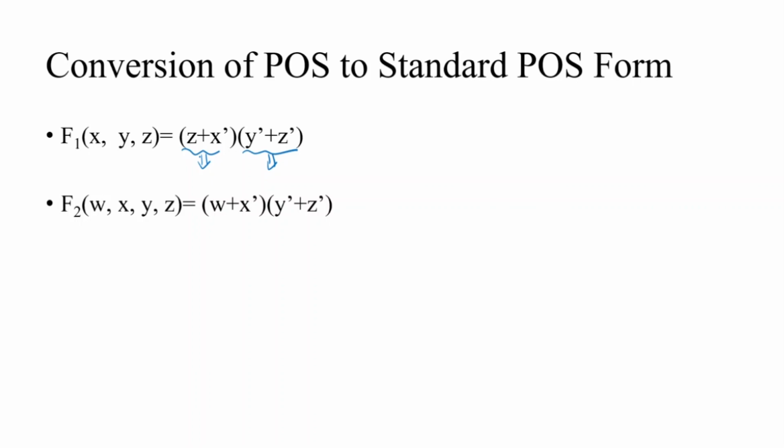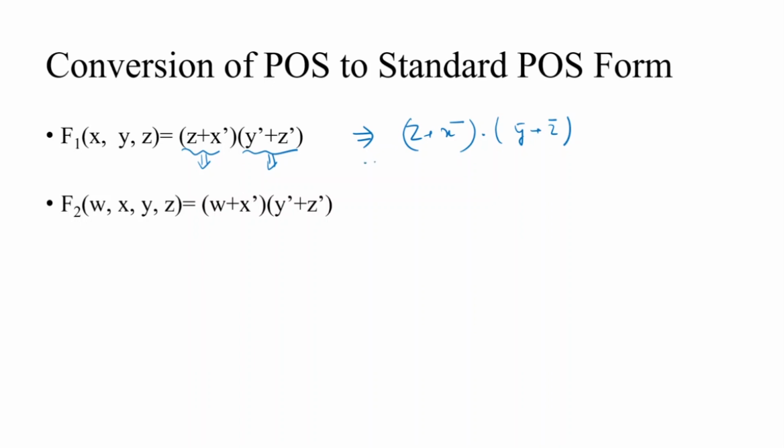For converting it into standard POS form, this function is also written as z plus x complement, the first term, and y complement plus z complement, the second term, and these two terms are connected through an AND, or if more than two terms are present in a function in POS form, they are also connected through AND.